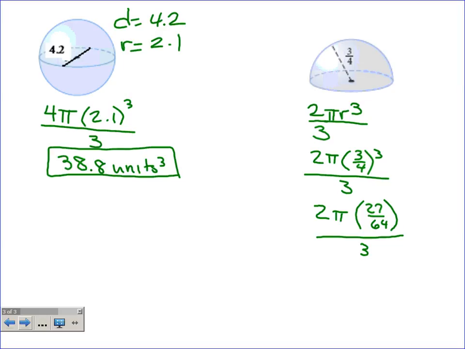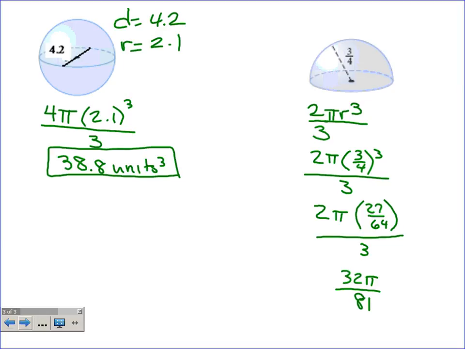And then if we multiply by 2, that'd be 27/32. This is going to be a mess. So that'd be 32 pi over 3 times 27, that's 81. That would be your exact answer in case you're ever expected to do exact answers, but I don't know if you're ever going to have to do that.